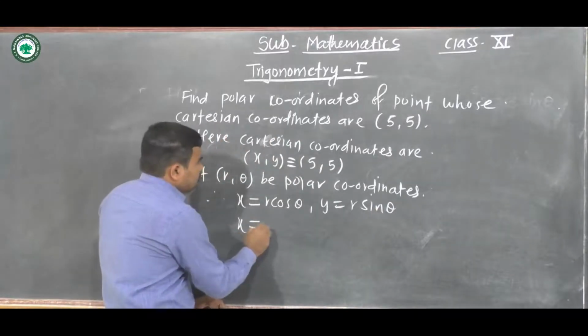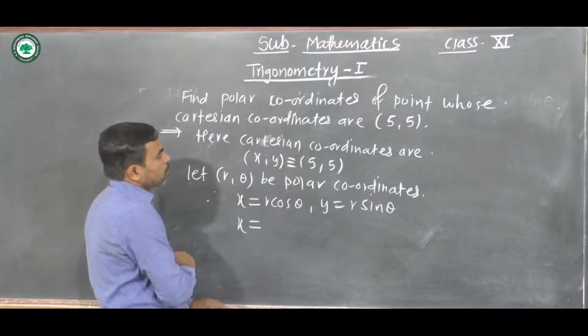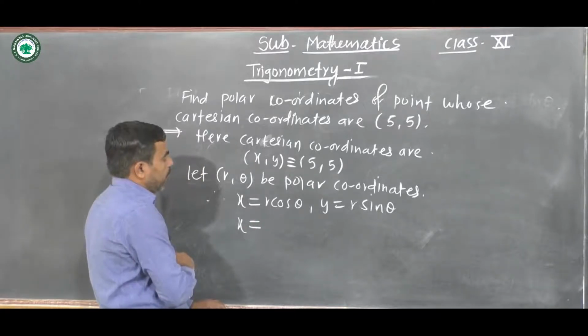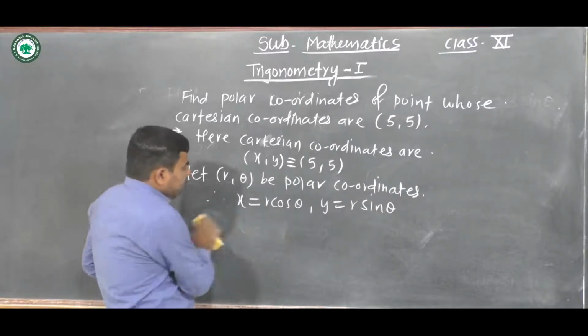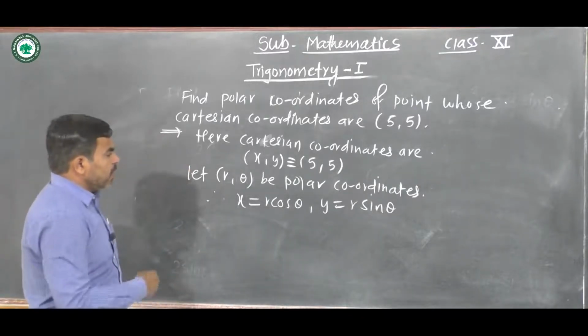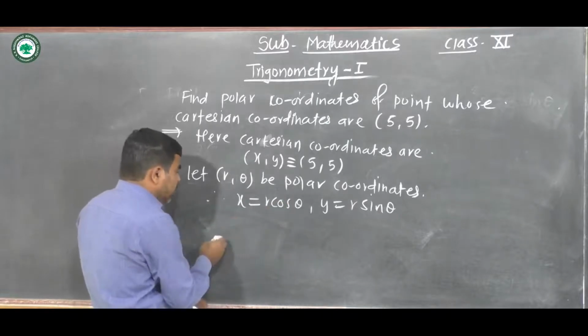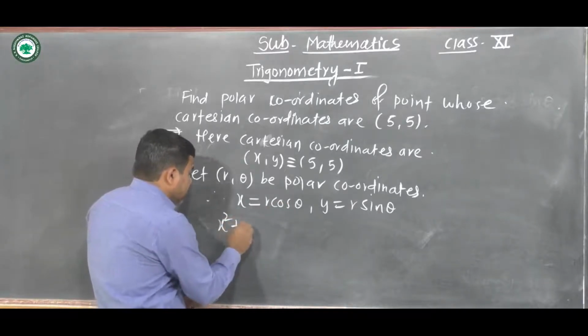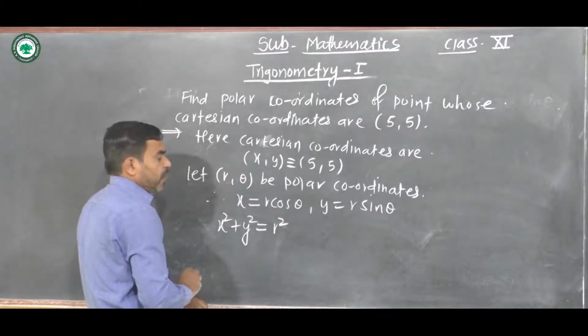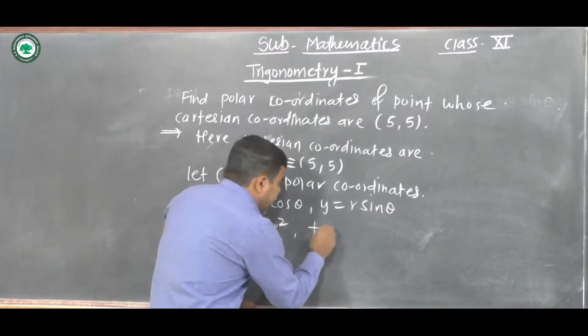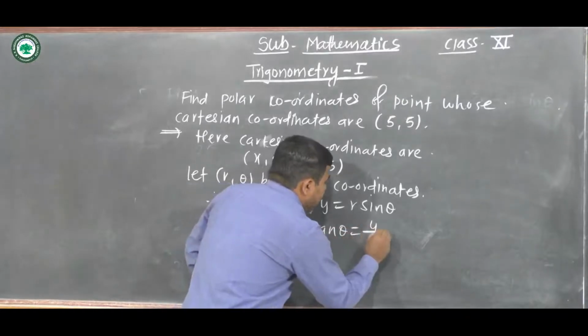Using this, we know that x square plus y square is equal to r square, and tan theta is equal to y by x.